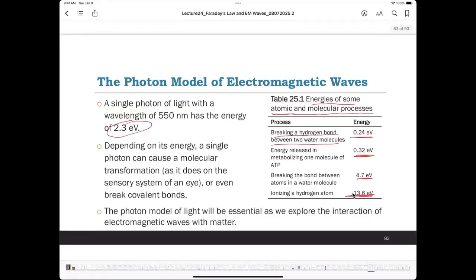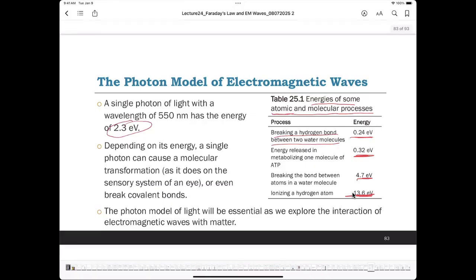Then we talk about electromagnetic waves. We know some features and properties of electromagnetic waves, and we also learn Maxwell's law and how to calculate the intensity of electromagnetic waves.